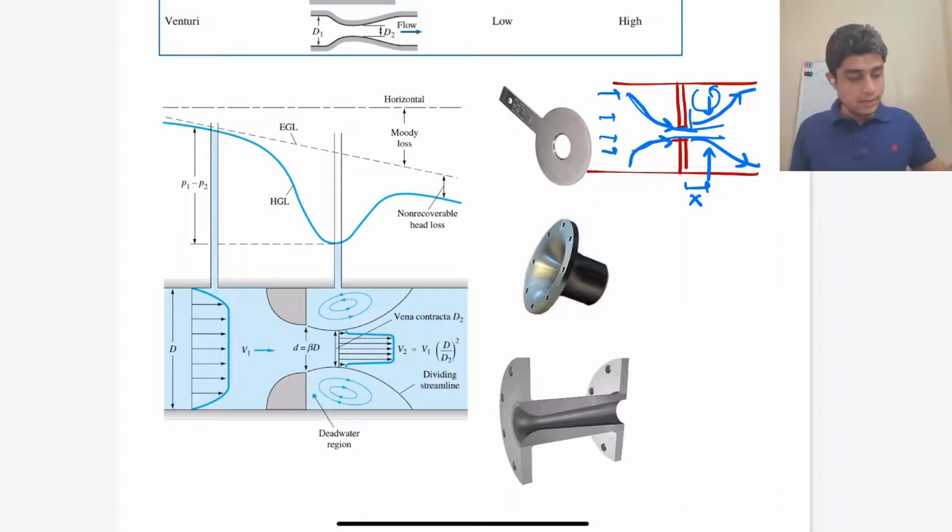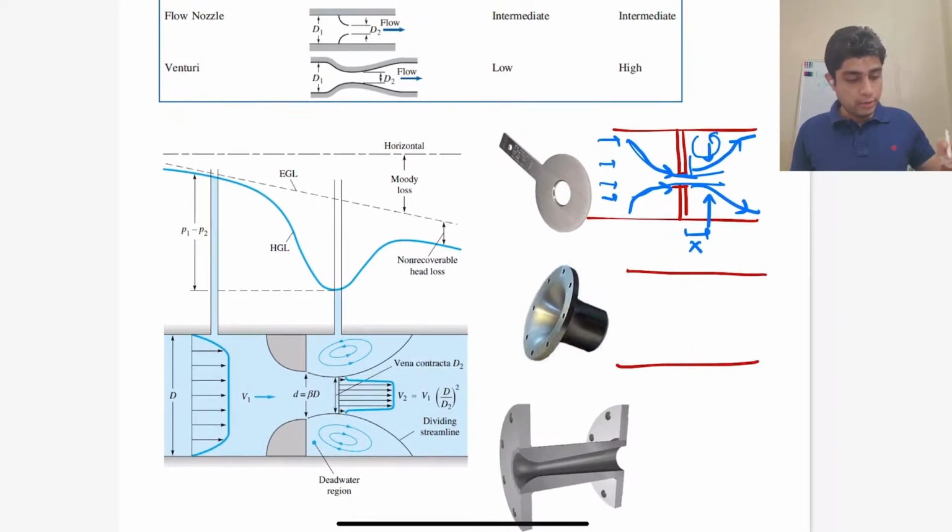So to get rid of the vena contracta so that we can reduce the minor losses, we can use a flow nozzle. In a flow nozzle, you have a streamlined contraction like this. So when the flow comes in, the streamlines can basically contract smoothly.